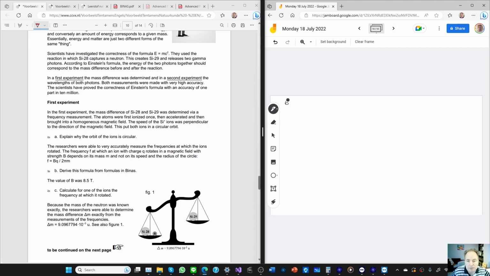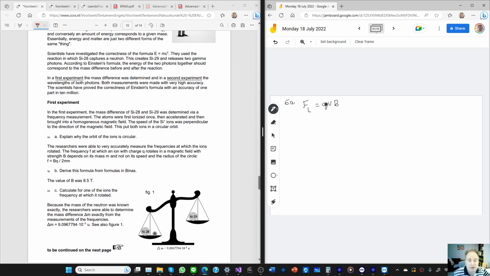Well, the knowledge required here is that the force that a charged particle experiences, it's also called the Lorentz force, with an L, is q times the speed times the magnetic field.